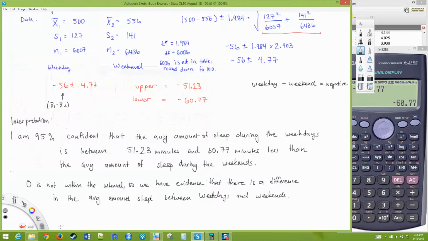Okay, and I'll write if 0 were in the interval, on the other hand, if 0 were in the interval, we would not have evidence that there is a difference.